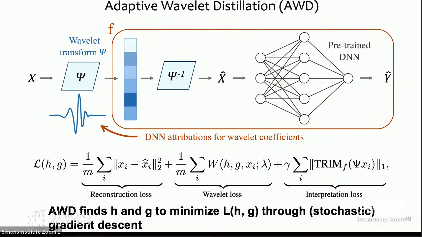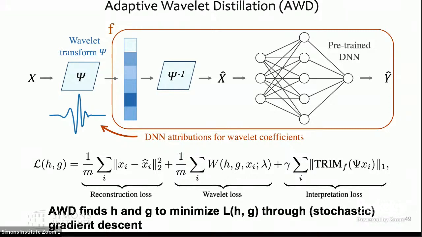So what we want to do is take a pre-trained DNN, the ResNet, which works pretty well for the fundamental cosmology parameter omega m, and find adaptive wavelets, a mother wavelet, that will really make things interpretable. We end up designing a loss function with three terms.